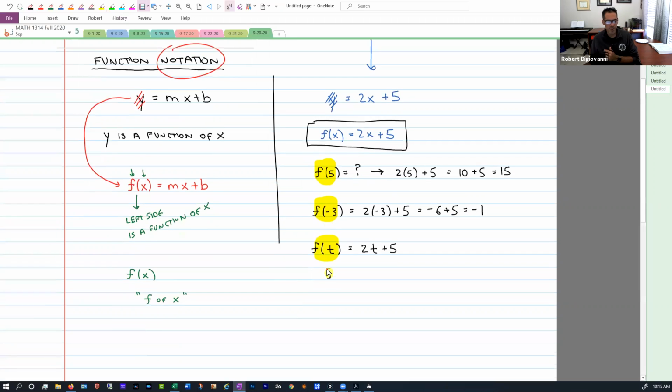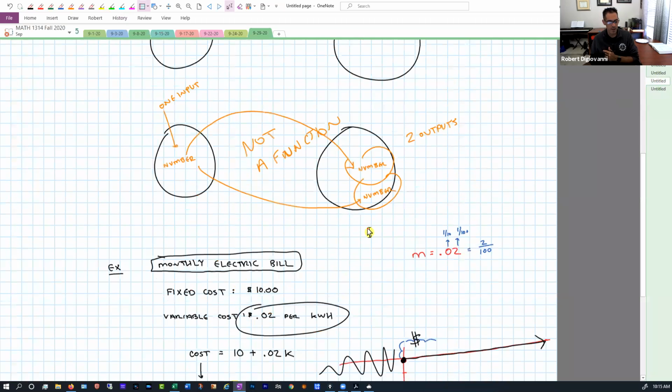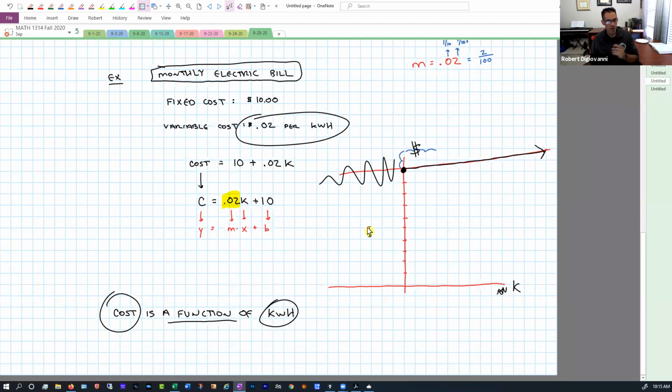Now let's go back to the previous problem we were doing with the electric bill. What I could do here, when we were looking at this right here, we said that the cost is a function of kilowatt hours. So instead of writing it this way, I could write it this way.